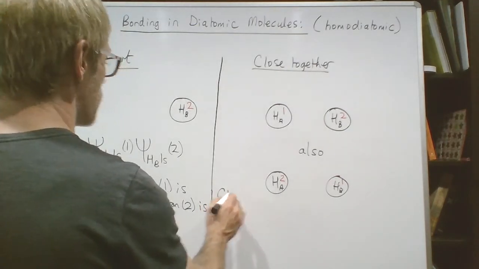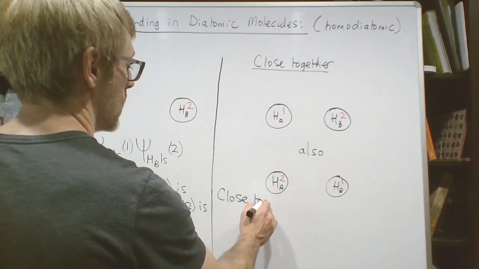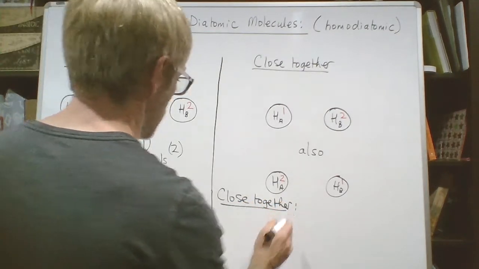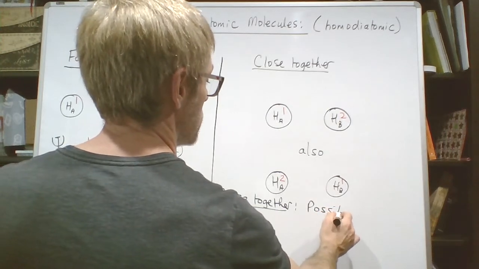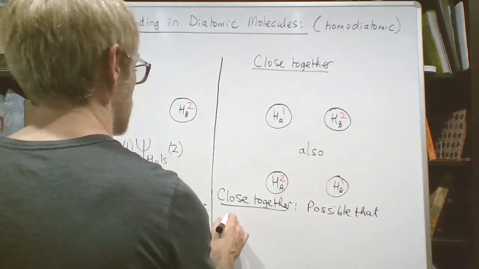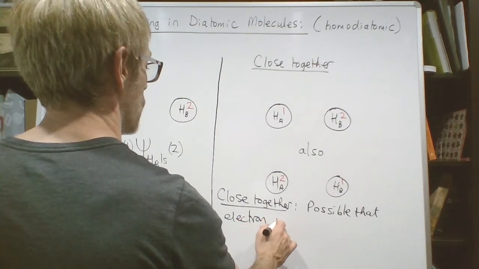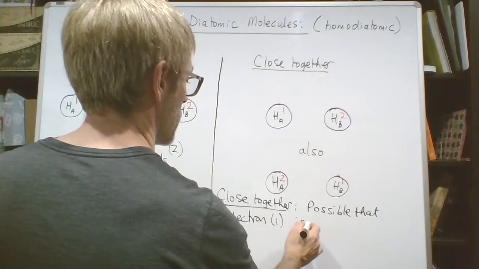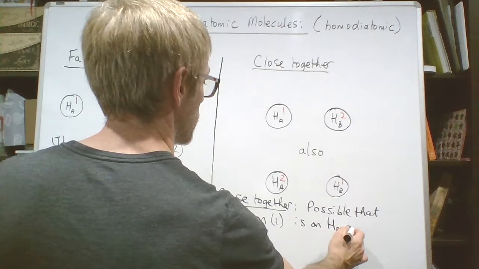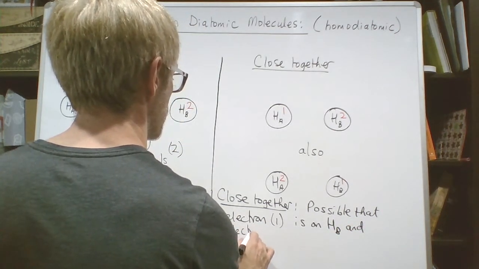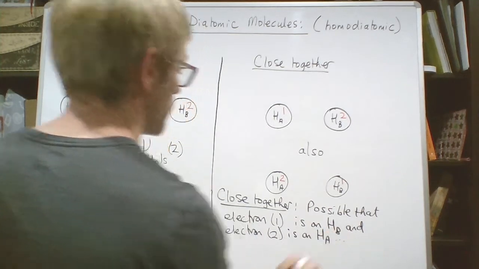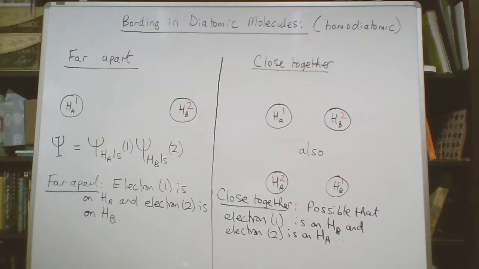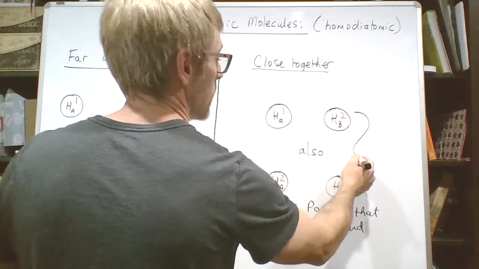So if they're close together, it's possible that electron 1 is on hydrogen B and electron 2 is on hydrogen A. So that becomes possible, and that possibility is what makes the bond.